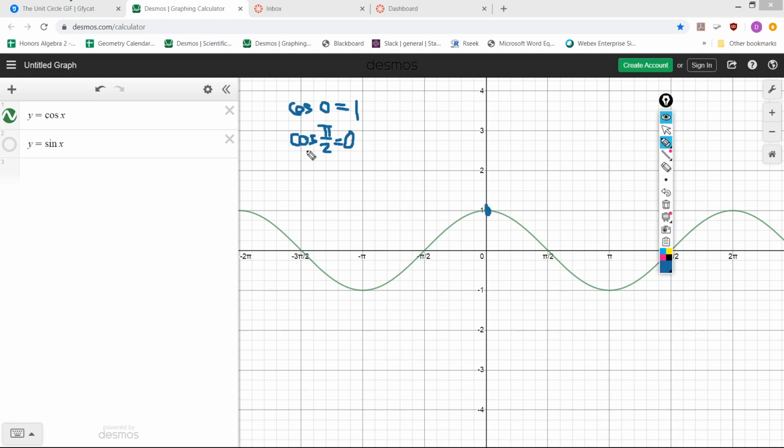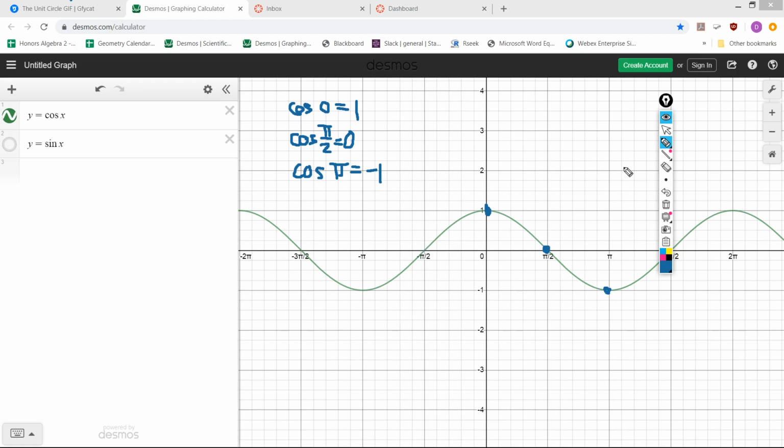So we expect cosine of pi over 2 to be 0. Well, here's pi over 2, and notice my value is 0. Then as I do cosine of pi, you guys know that's -1, because it's going back on the unit circle. And look, when it's pi, I get -1.